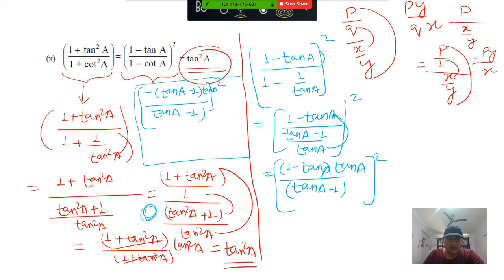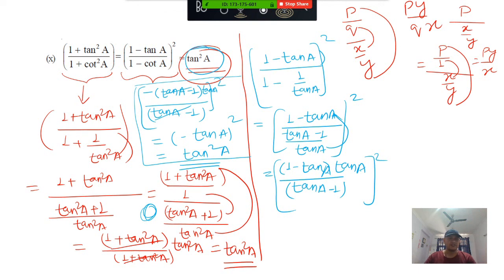Now this tan A minus 1 gets cancelled, and inside this bracket the remaining term is minus tan A, whole square. And you guys are just geniuses, you know what minus tan A square is. Exactly, minus square is always plus, and we write tan square A.